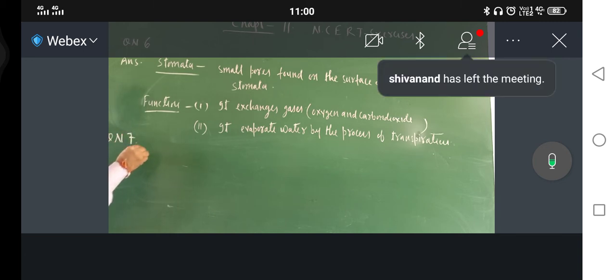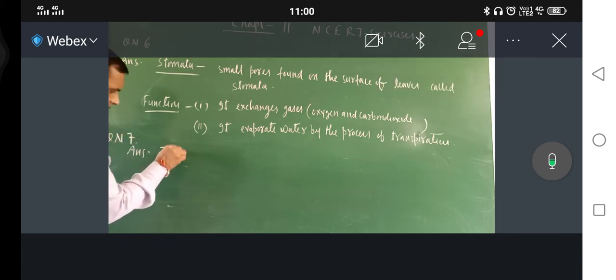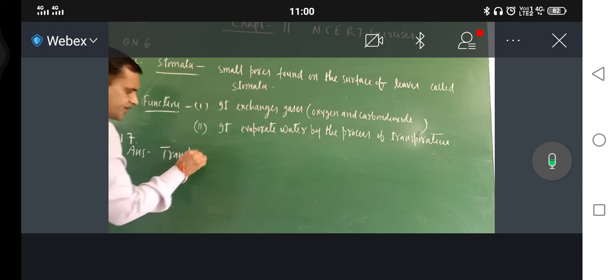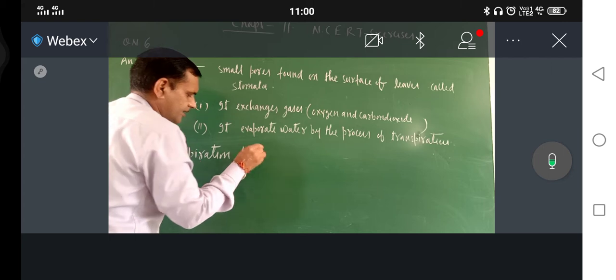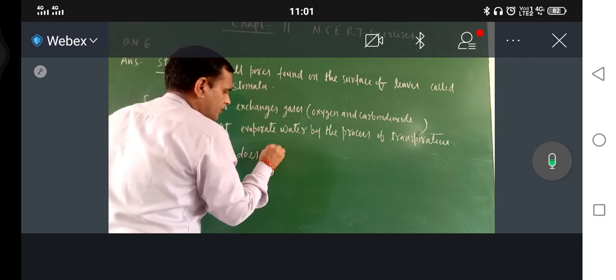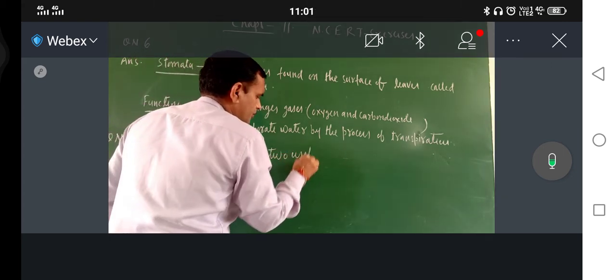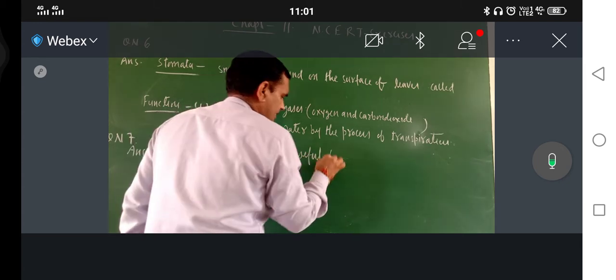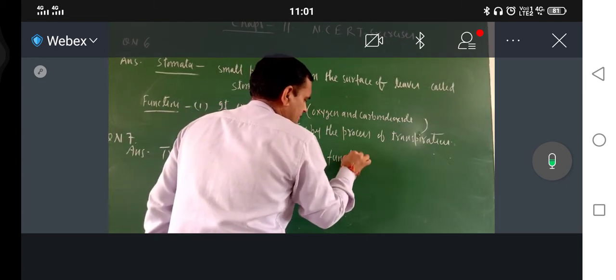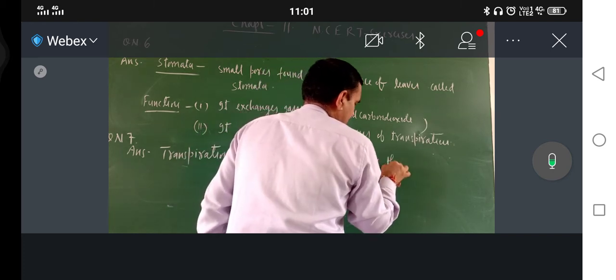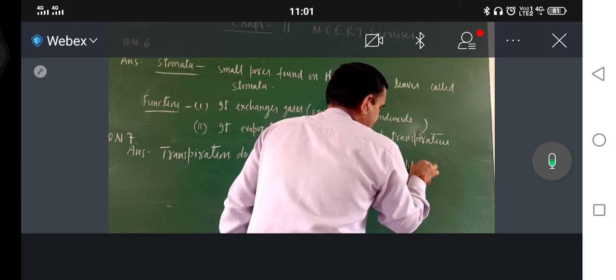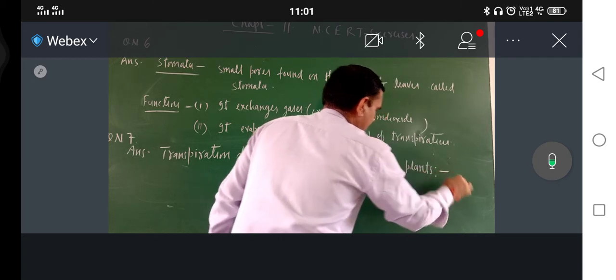Answer: Transpiration does two useful functions in the plants.